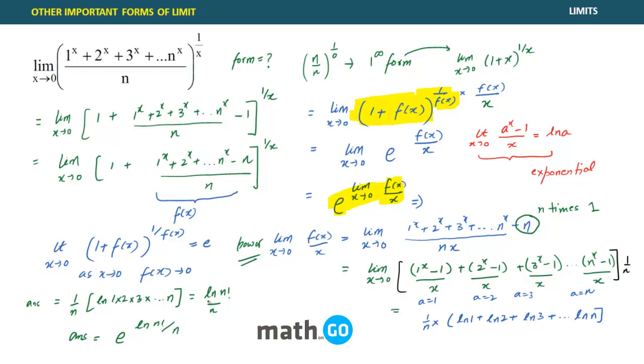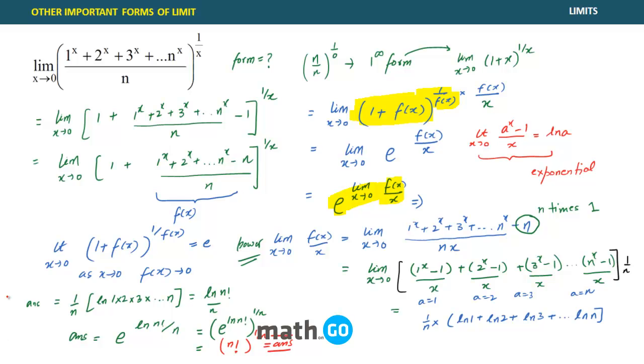And if we want to reduce this, this will become e raised to power ln (n factorial raised to power 1 by n), which could be further resolved to nothing but n factorial raised to power 1 by n. So this is the particular answer we were highlighting in this problem.